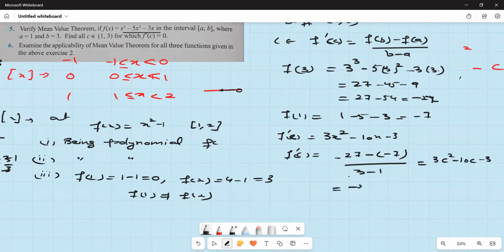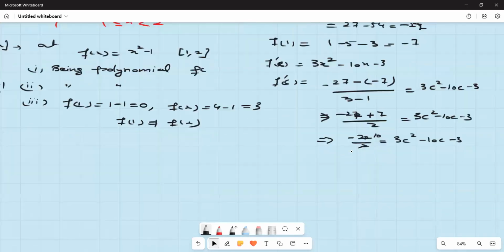So this is minus 27 plus 7 by 2, that is equal to 3c square minus 10c minus 3. So this is minus 20 by 2, that is equal to 3c square minus 10c minus 3. So minus 10. To solve this, this will give you 3c square minus 10c minus 3 plus 10 is equal to 0. So 3c square minus 10c plus 7 is equal to 0.